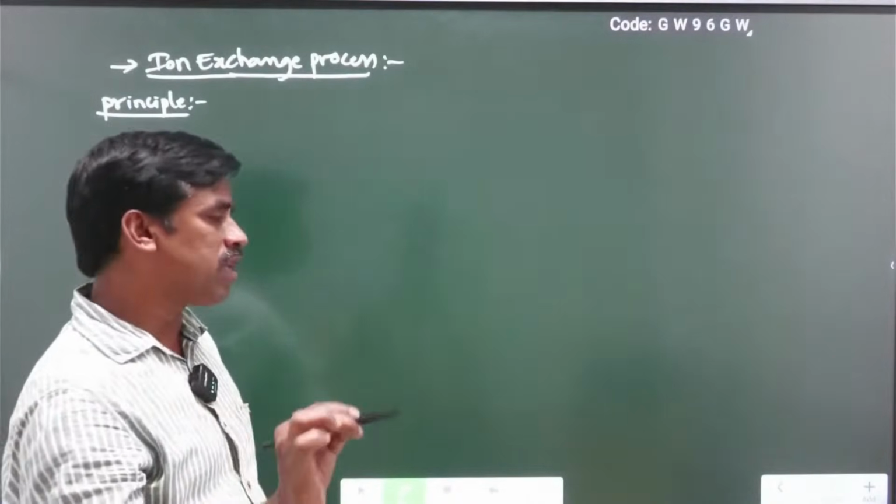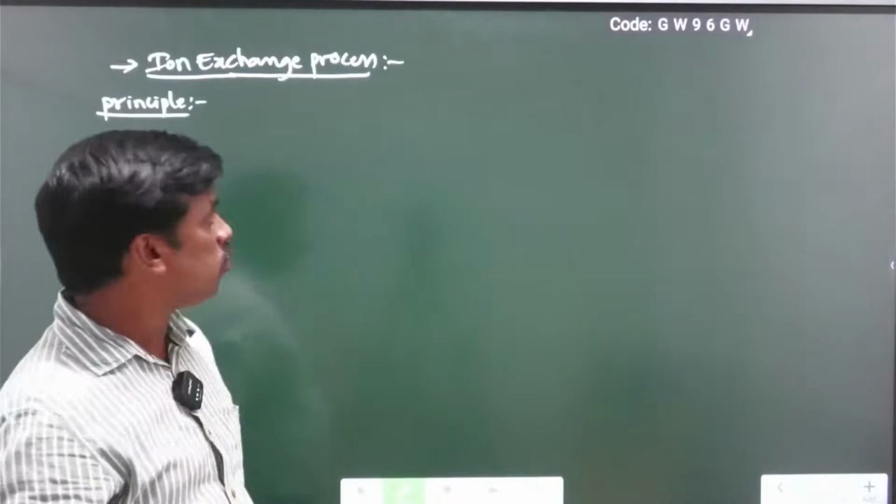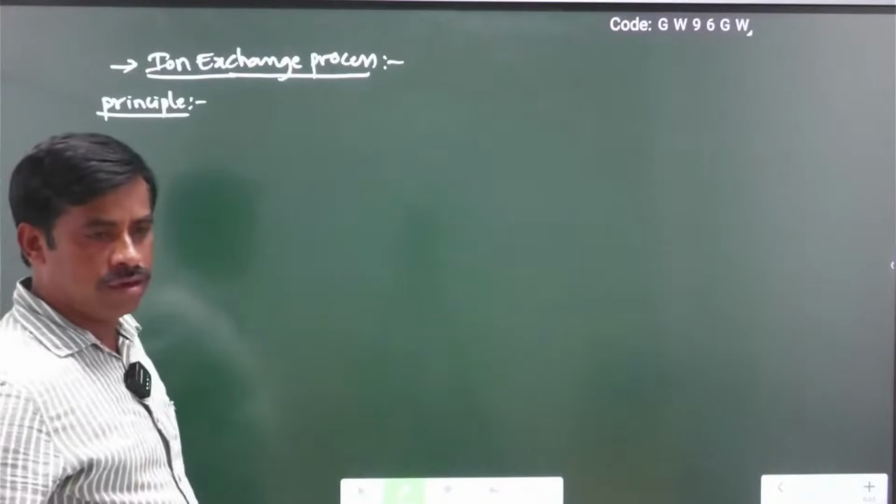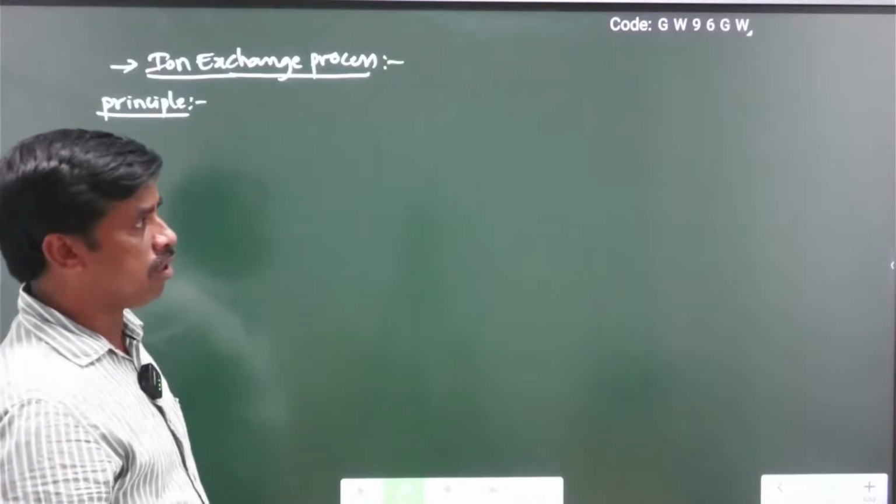These functional groups can exchange hardness producing cations and anions from the hard water.